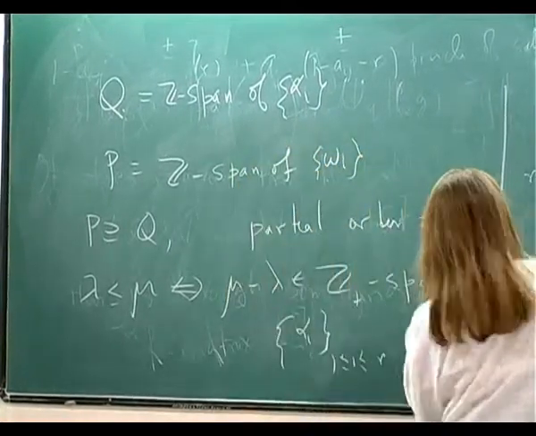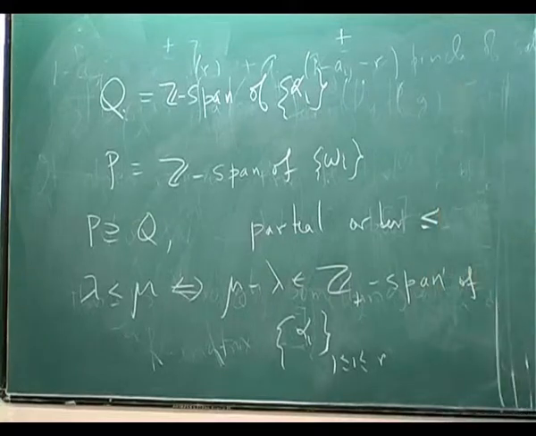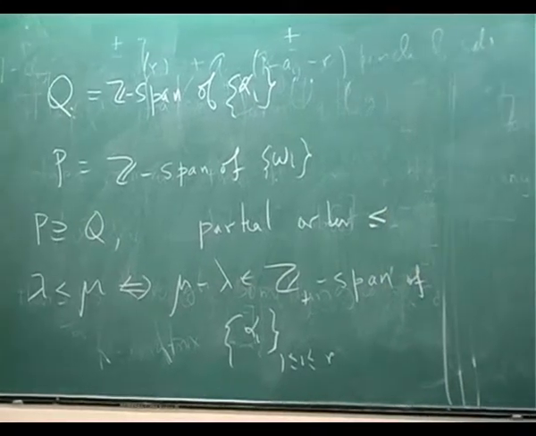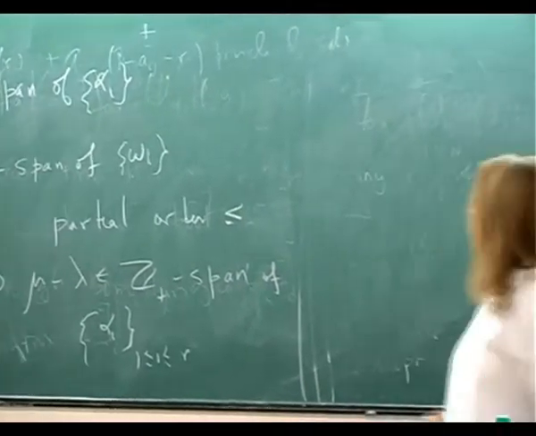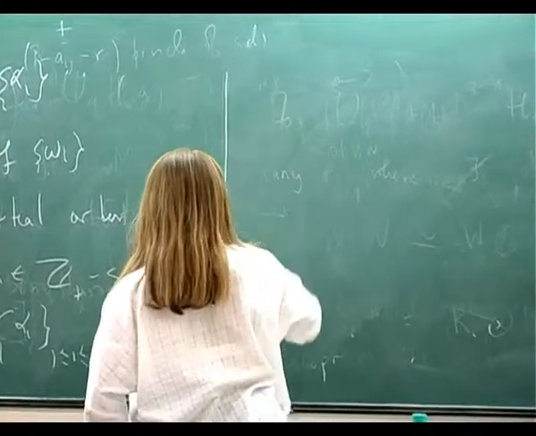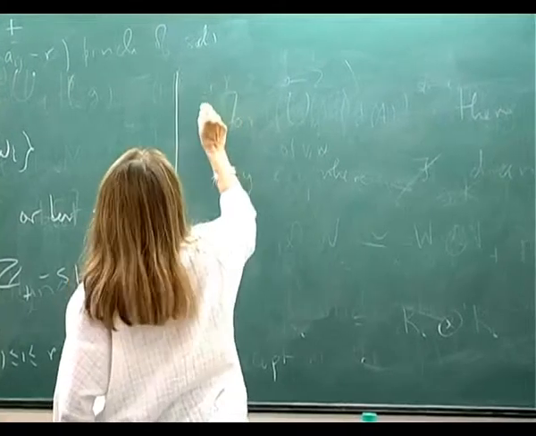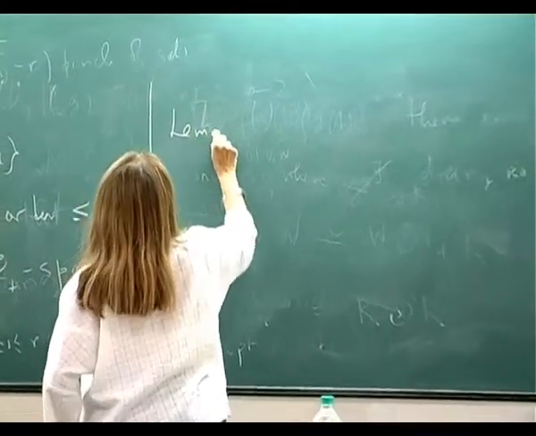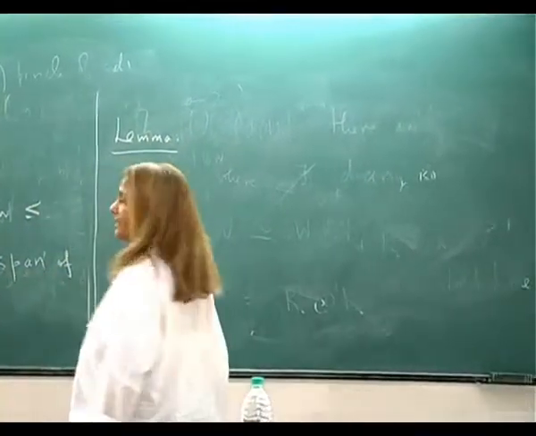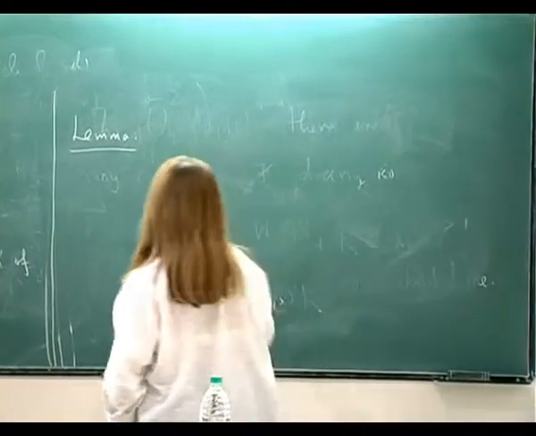But here's an important fact which underlies, again, much of what we're going to see. Lemma. I'd like to say it's trivial to prove, but I couldn't write the proof.